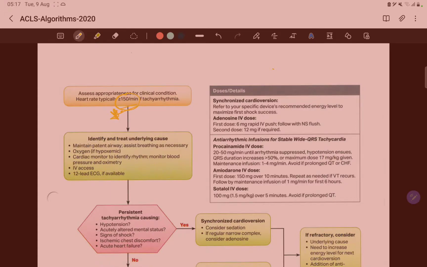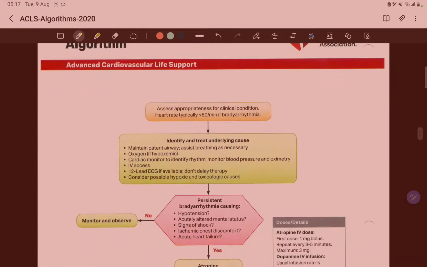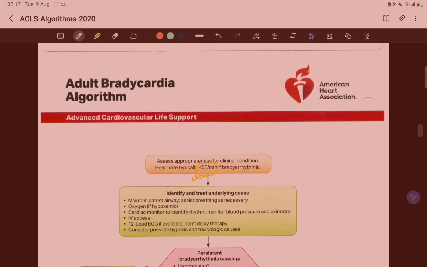If the heart rate is more than 150 per minute, it is a case of tachyarrhythmia. In bradyarrhythmias, we see a patient with a heart rate less than 50 per minute.